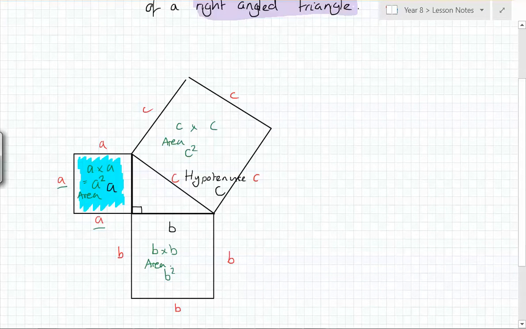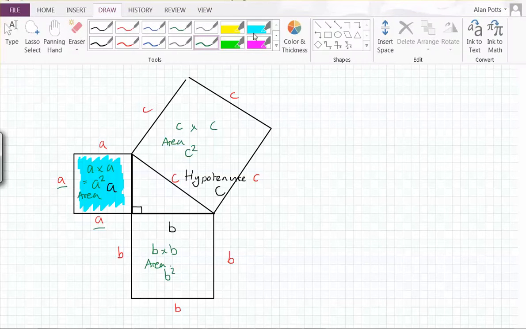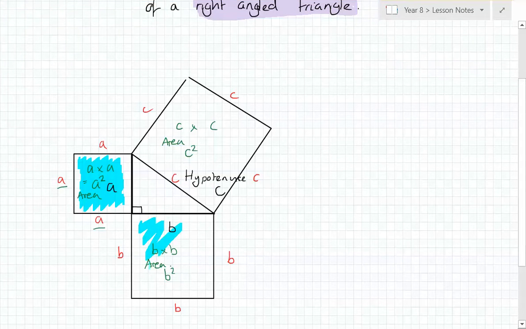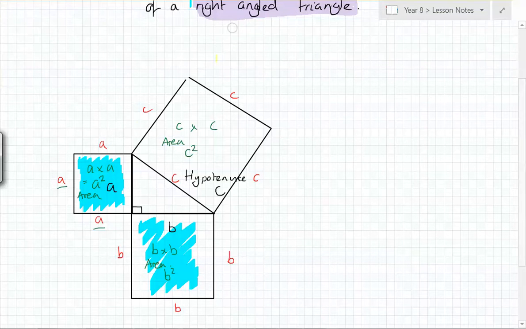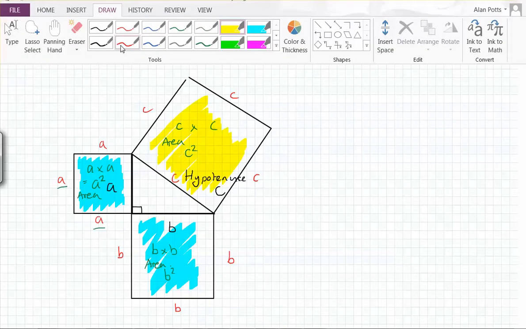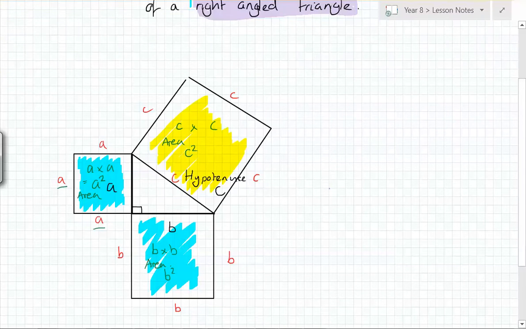So Pythagoras found that if you take the area of two squares and add those two values together, you get the area of the big square. So that led him to write his theorem, which states that C squared equals A squared plus B squared.